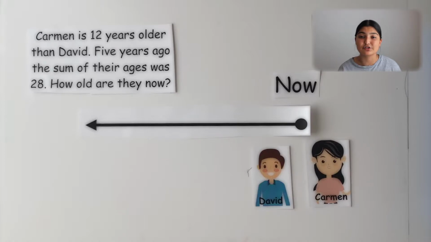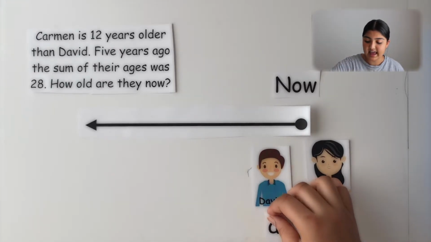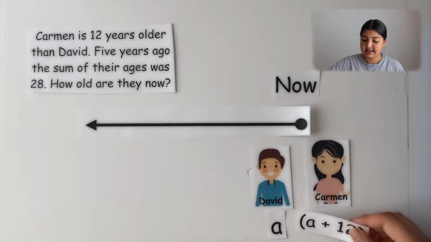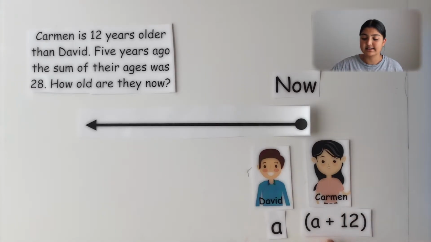So let's assume their ages by using a variable. We can assume David's age as A. And since Carmen is 12 years older than David, that means Carmen's age is A plus 12.